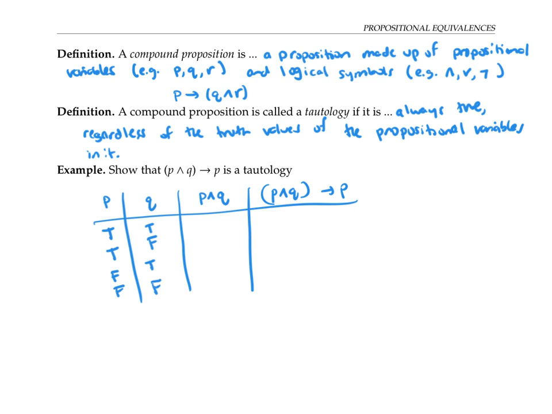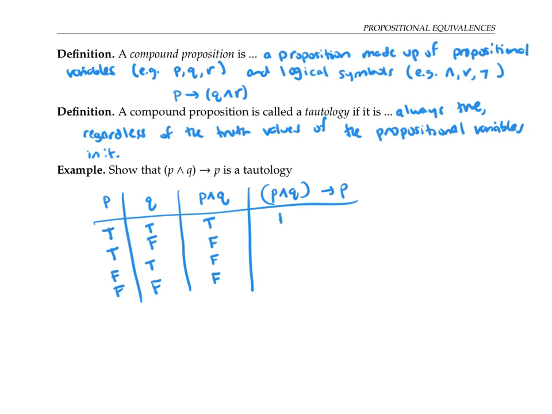So these are the four possible combinations of truth values for P and Q. Now P and Q is true when both P and Q are true in the first row, and is false in every other situation. P and Q implies P is going to be true when P and Q, that expression is true, and P is also true.